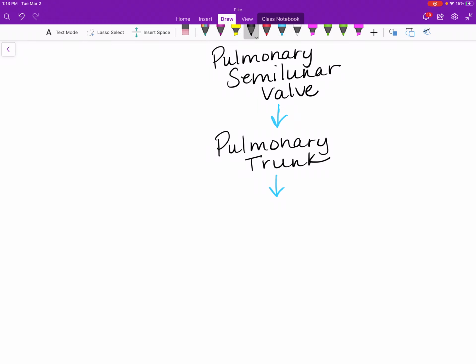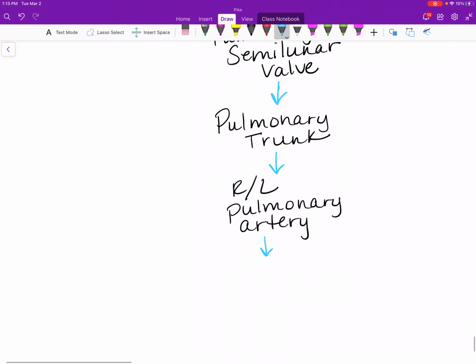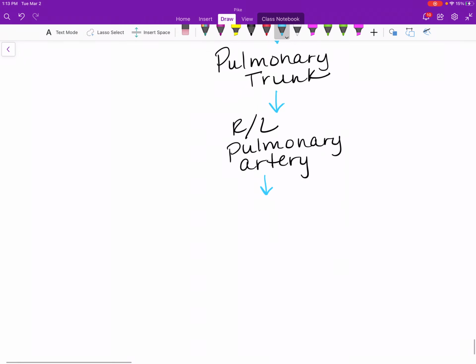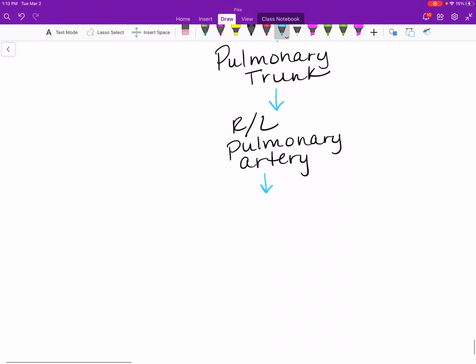So it's going to enter either the right or left pulmonary artery. Okay, blood kind of splits. Still deoxygenated. Haven't been to the warehouse yet, but we're on our way. We're on a series of highways. And this highway is taking blood to the warehouse to pick up oxygen.